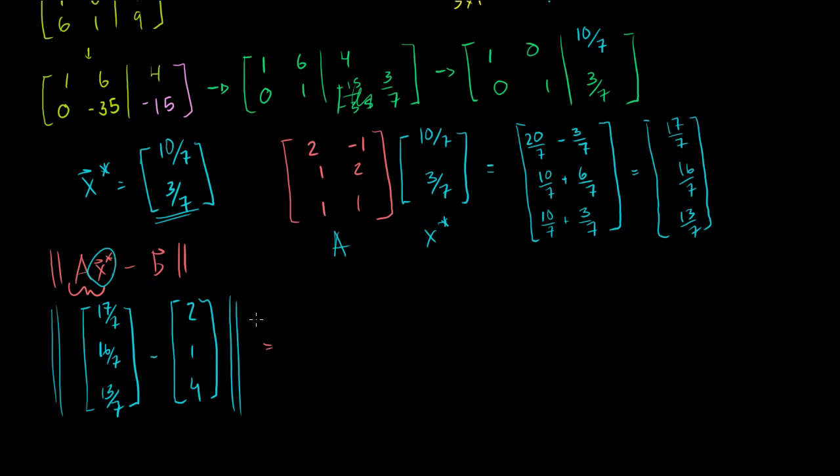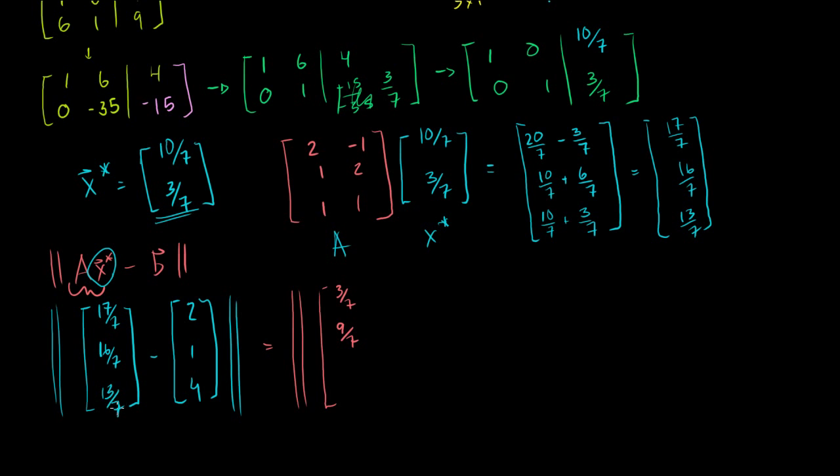So if we take the length of this, let me write all of this in sevenths. I'll just do it in my head, I don't want to waste too much time. So this is 17 sevenths minus 14 sevenths, since 2 is 14 sevenths, so that is 3 sevenths. And we have 16 sevenths minus 7 sevenths, so that's 9 sevenths.